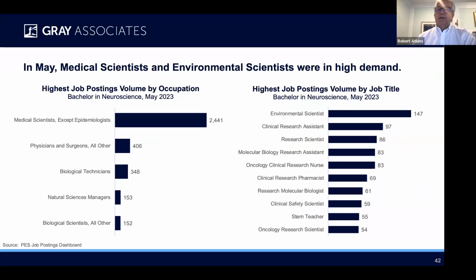If we look at it by job title, these are pretty small numbers, mind you, because at the job title level the data gets very fragmented because people name things all sorts of things. And there's just a lot of different jobs out there. So we're looking at 147 as the largest single job title, for environmental scientist. And then you can see clinical research assistant, research scientist, and so forth. We even have a nursing job that made the list here as a related field with some 83 job postings.